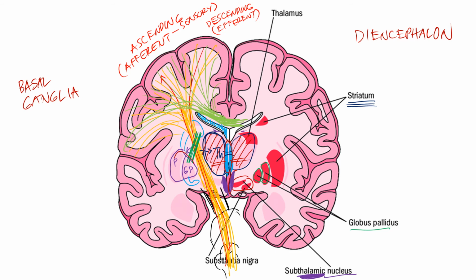Your lentiform nucleus, your caudate, your striatum, your red nucleus, your substantia nigra in your midbrain, your subthalamic nucleus, and your thalamus. Okay, so those are the basic things that we need to understand.